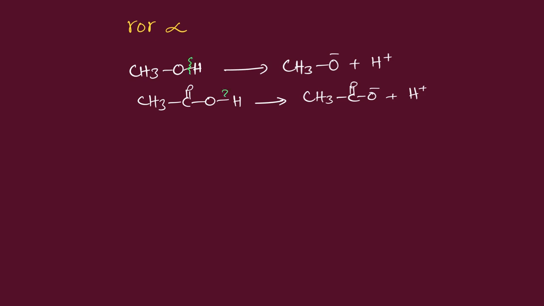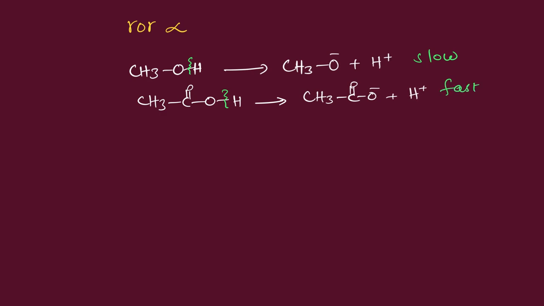Here also one bond breaks, here also one bond breaks. Both have the same number of bond breakdowns, but we have to decide which is a fast reaction and which is a slow reaction. So this is the slow reaction. This is the fast reaction.